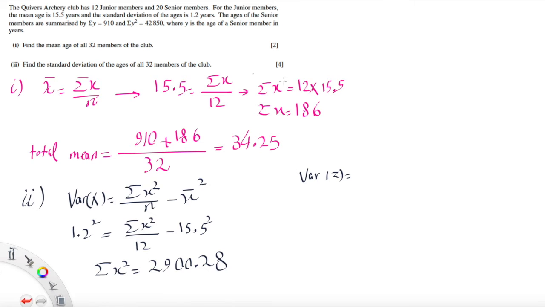Now, in total, variance actually will be, let z be the total, all seniors and juniors together, sigma x squared plus sigma y squared over n, which will be 32, minus z bar squared. Z bar is the total mean that we obtained in the previous part.